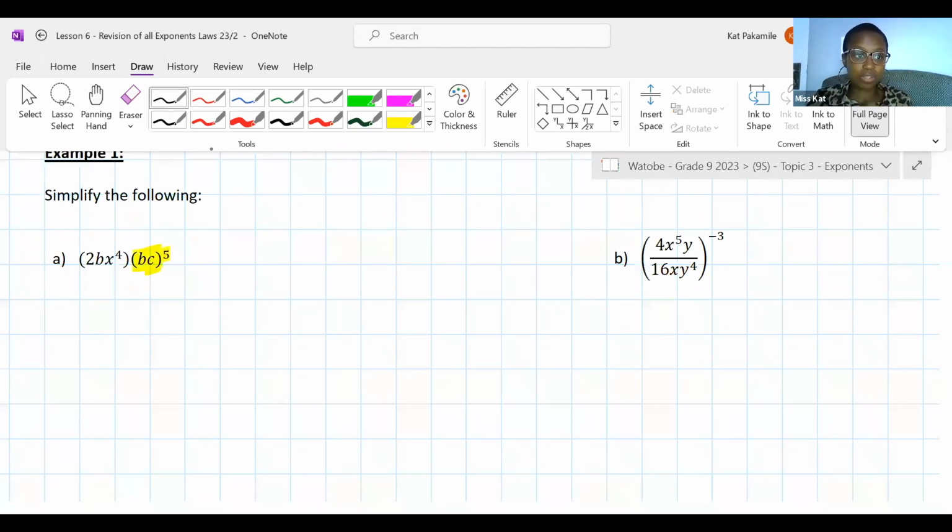Starting with the second bracket, the first one we just leave. In that case, we're going to distribute the 5 from the second bracket, which is going to be b to the power 5 and c to the power 5. Wonderful. What's next?